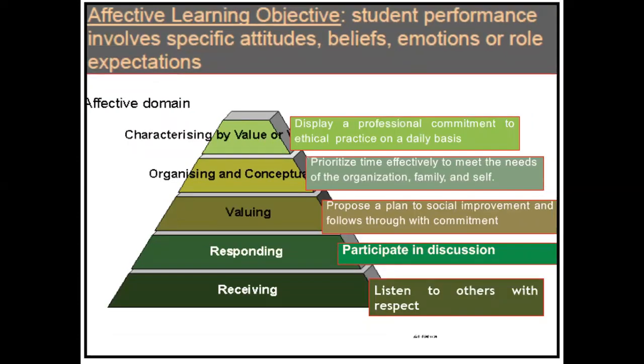So this is another elaboration of how we can explain the 5 levels of this domain. Receiving: simply relating to others with respect. Responding: participating in discussion. If someone is just listening but is not willing to participate in the discussion, he is not putting in his part.